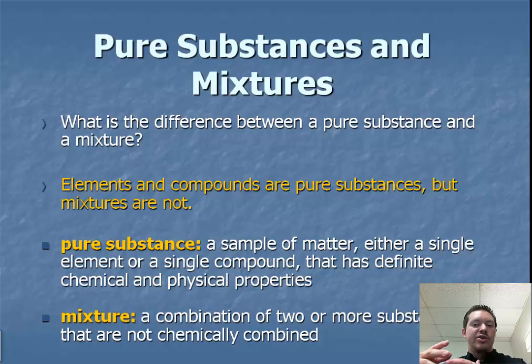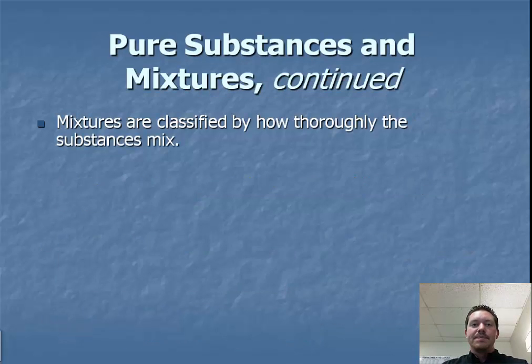It's attracted to it, but it's not bonded to it. So we get a mixture. The salt still has its own properties, and we could evaporate off the water and have the salt. We can get the salt back, and evaporation is one of those physical means. We'll talk about how to separate those substances in a later lecture.